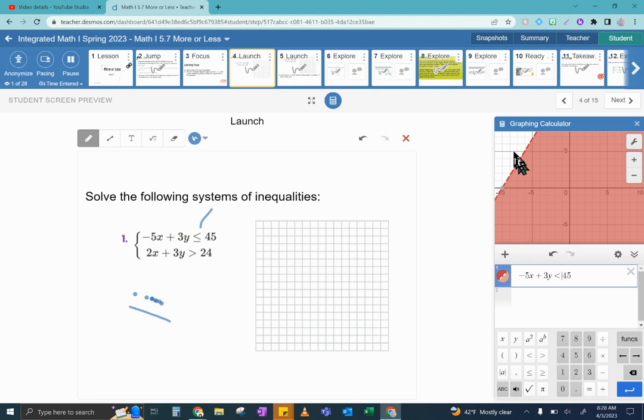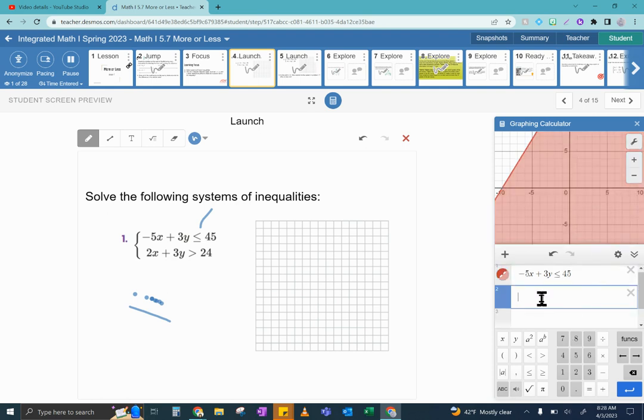Yeah, so you should have noticed right here, this dashed line becomes a solid when we get an equal to sign. So logically speaking, because we made that change in this equation here, look at what happens here. Okay, fine. So what if we change this to a greater than or equal to? Oh, that's what I thought. It shades there. So you should be keenly aware of what each of the symbols does.